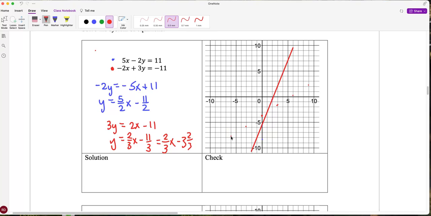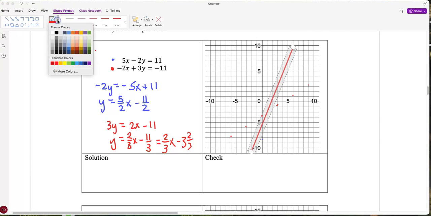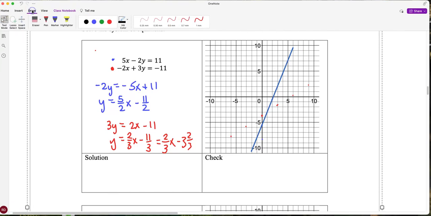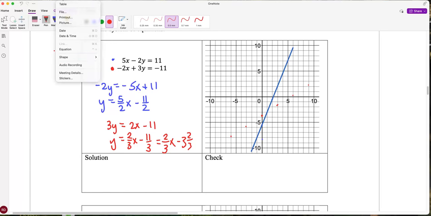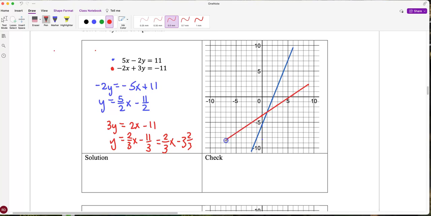So I need to go back. How is it my line keeps changing color? This line, I wanted that line to be blue. Now, insert line. I want the next line to be red, something like that.